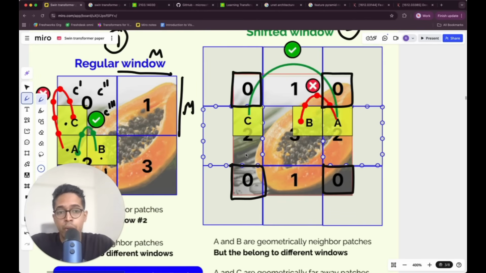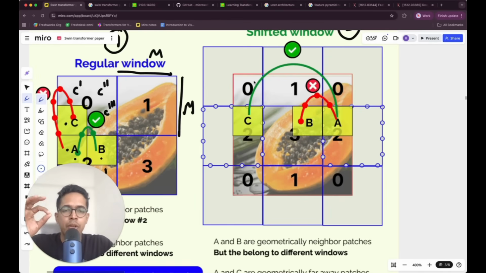In the regular window, these 4 patches, and please don't get confused when I say patch and window. Patches construct windows. So within one window here, you have 4 patches. And this ID, I'm not IDing the patch here, I'm IDing the window here. So the 0, 1, 2, 3 are the IDs of the window. A, B, C, D are the IDs of the patches.